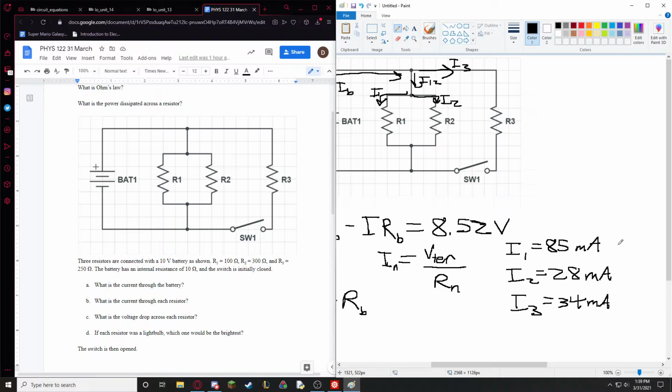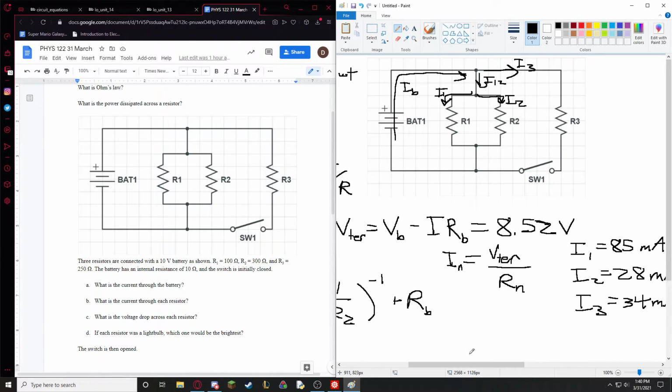And someone mentioned actually using the junction law to solve for these currents. How would we actually go ahead and do that? Because that would be a bit more complicated. Use Kirchhoff's current laws. And so what would be the general process?